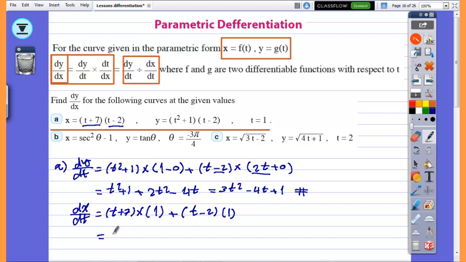So the result equals t plus 7 multiplied by 1 plus t minus 2 multiplied by 1, and we simplify it. t plus t equals 2t, plus 7 minus 2 equals 5. And here is the second step.